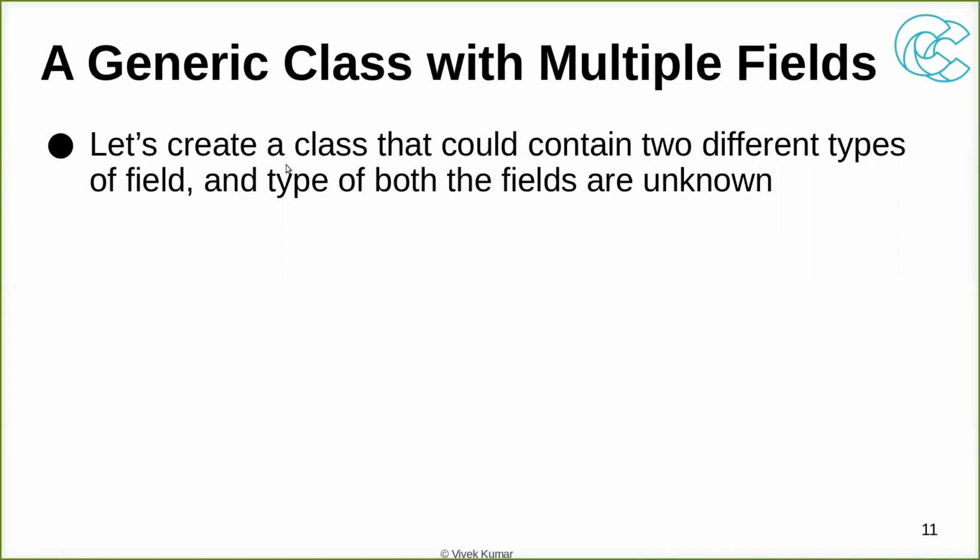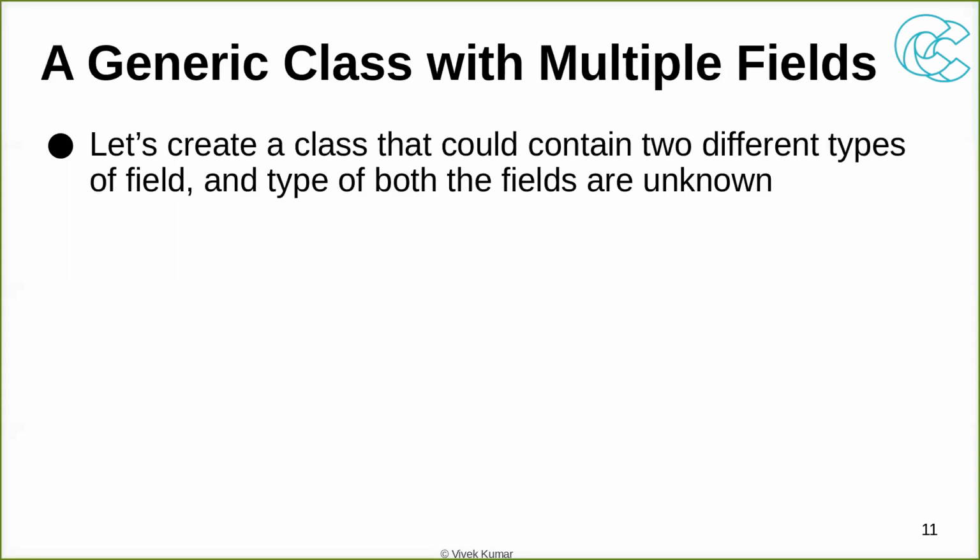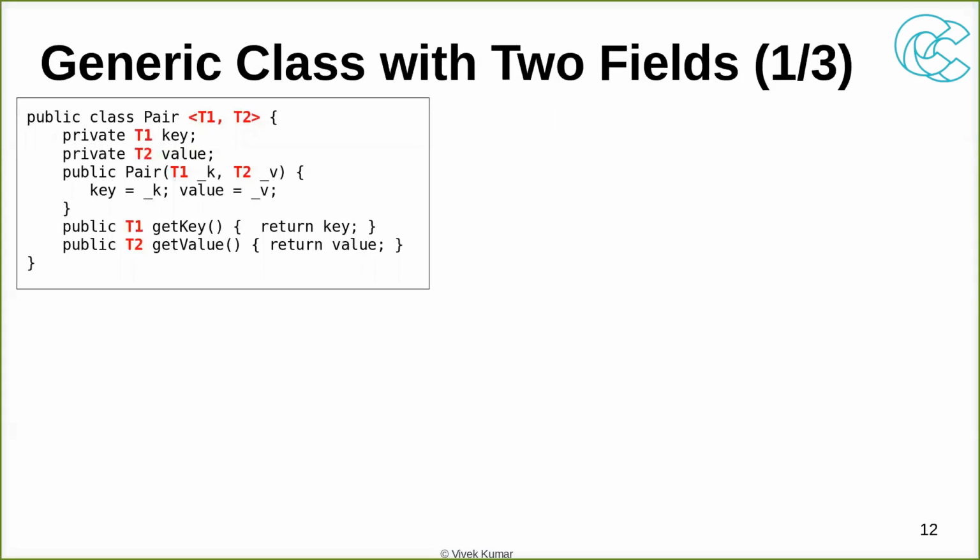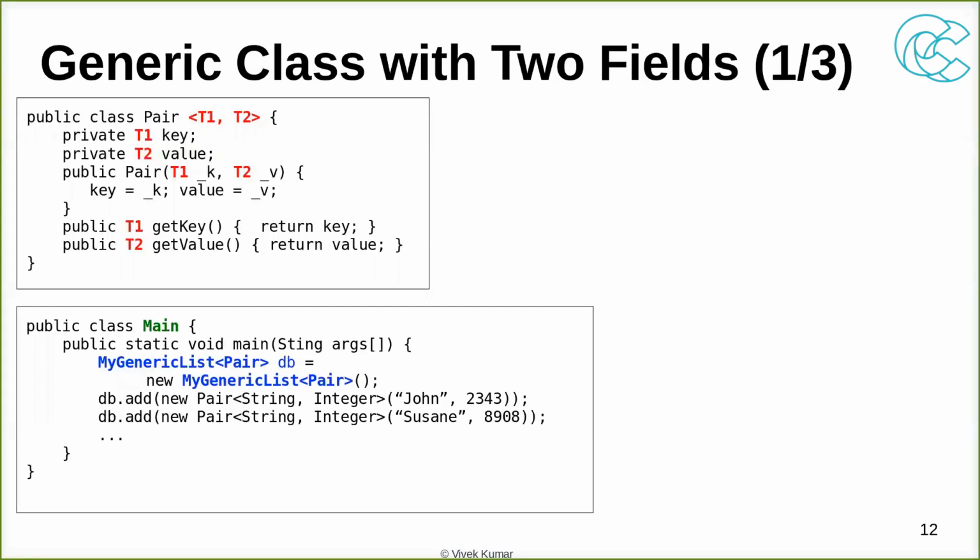And it's also possible to create a generic class with multiple different types, say T1 and T2 in this case. So let's say the name of the class is Pair, and it takes two types which are not known. These two types can vary.